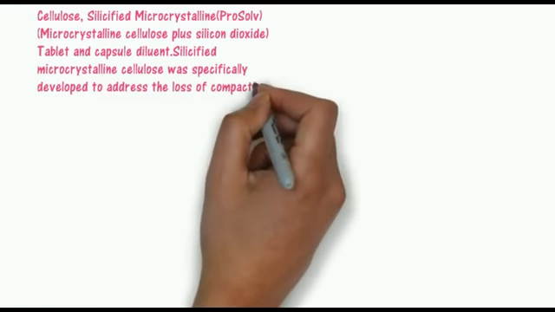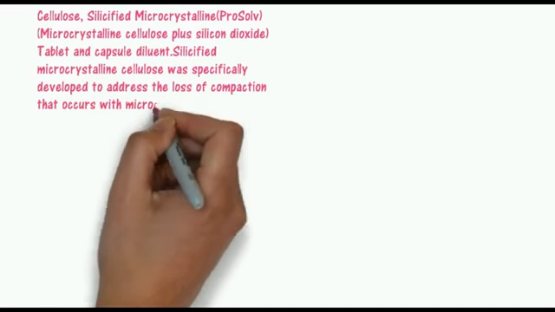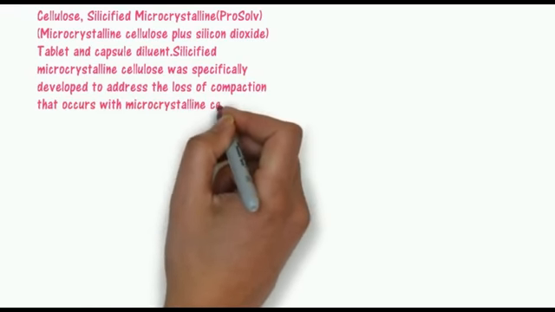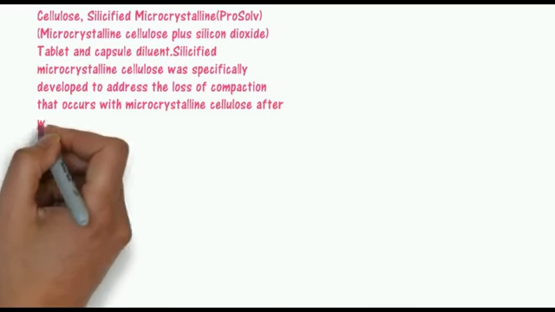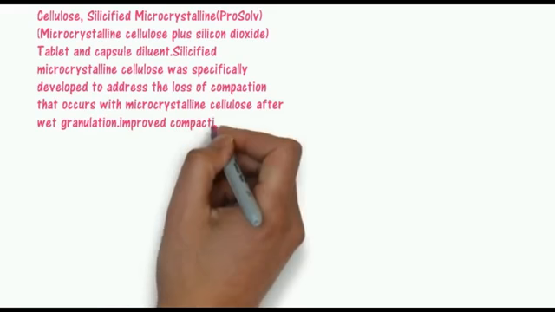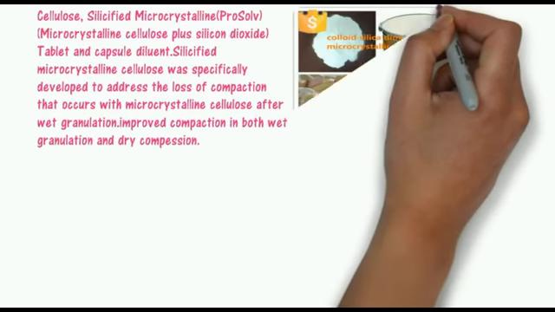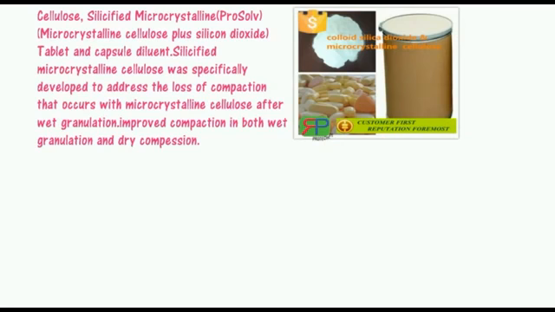Silicified microcrystalline cellulose was specifically developed to address the loss of compaction that occurs with microcrystalline cellulose after wet granulation processes. There may be some loss of compaction, or compression may not be easy, so silicon dioxide is added, which aids the compression process and hence improves compaction in both wet granulation and dry compression.